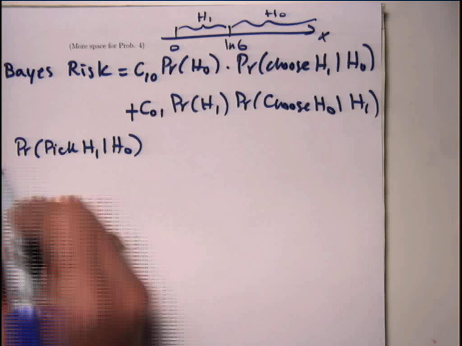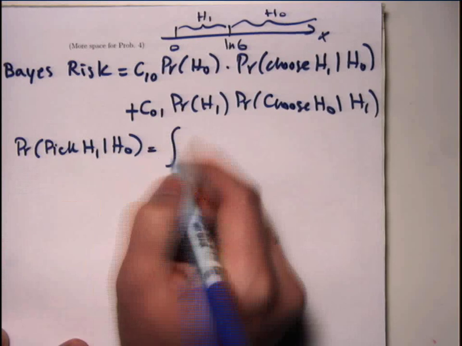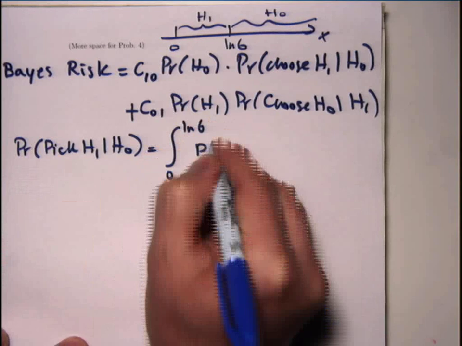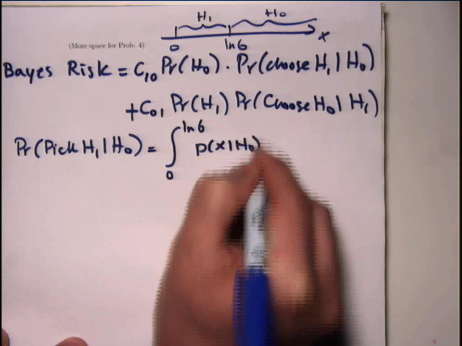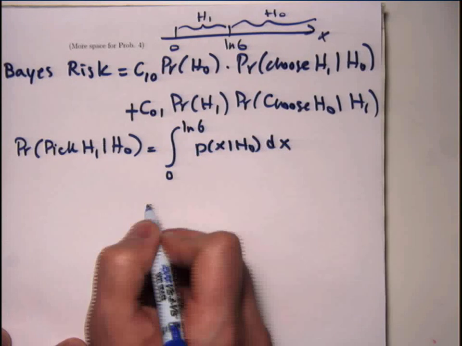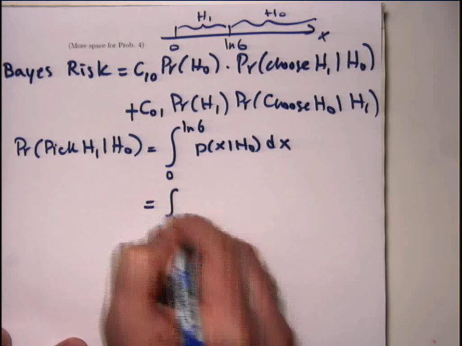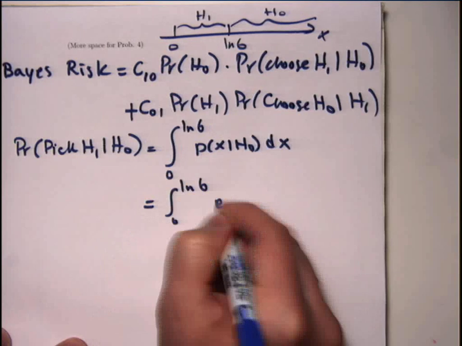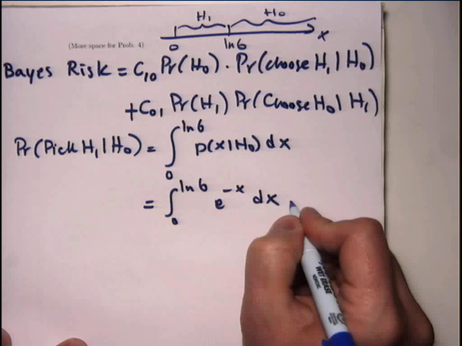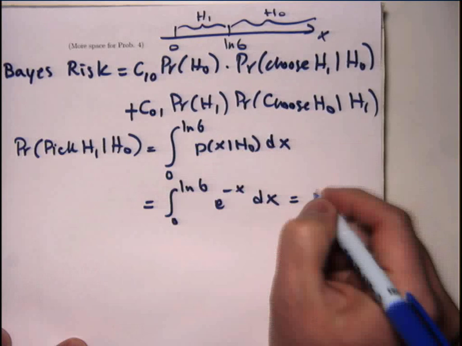So this probability is going to be the integral between 0 and log of 6 of the PDF of x given H0 dx. And this is the integral of e to the minus x dx, which if you carry out is 5/6.